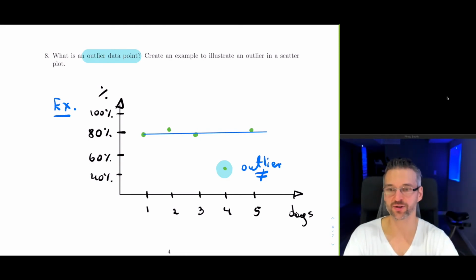But this definitely serves the purpose and would have answered this question. So again, an outlier is a point which is outside of the trend, and it's not just outside of the trend by a little bit, it's outside of the trend quite dramatically to be a data point which is an outlier.